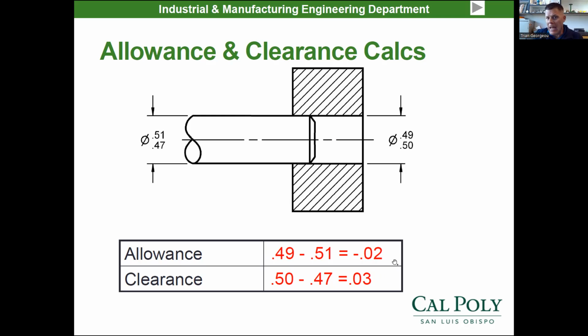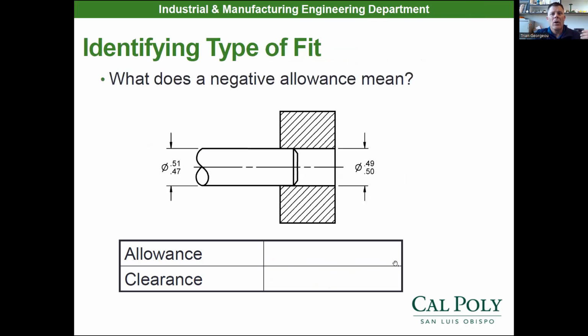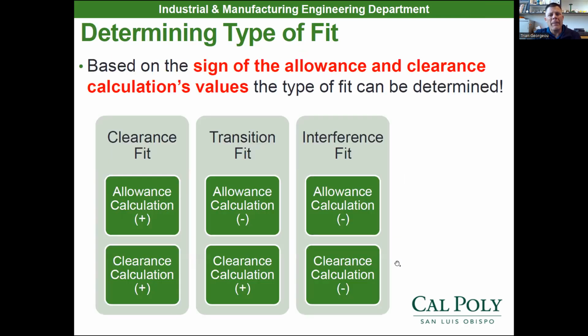So if I have a negative allowance and a positive clearance, what does that mean in terms of fit? Well, that means I have a transition fit. Based on the sign of the allowance and clearance calculation values, the type of fit can be determined. If the allowance is positive and the clearance is positive, we have a clearance fit. They're always going to have room to move within each other.